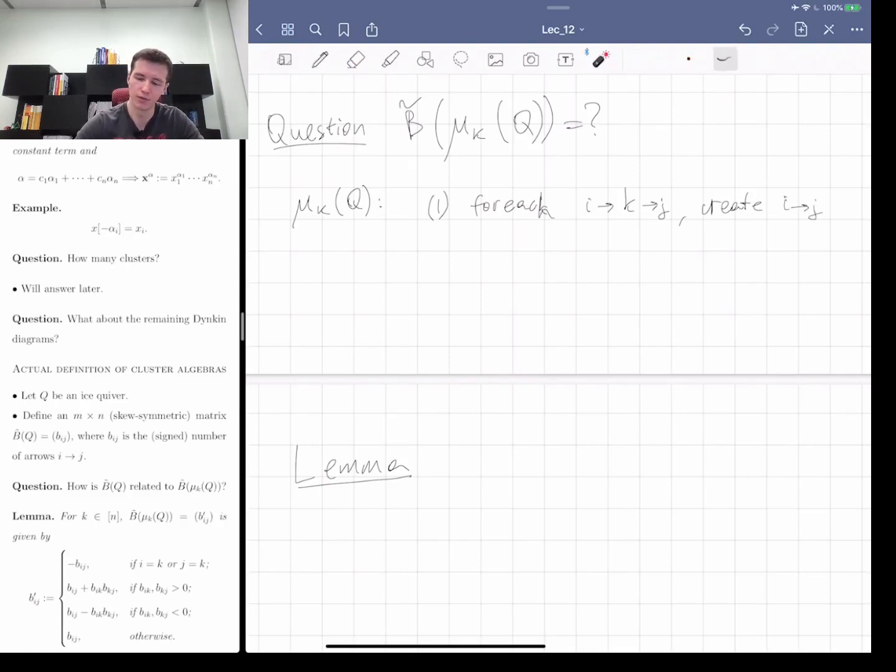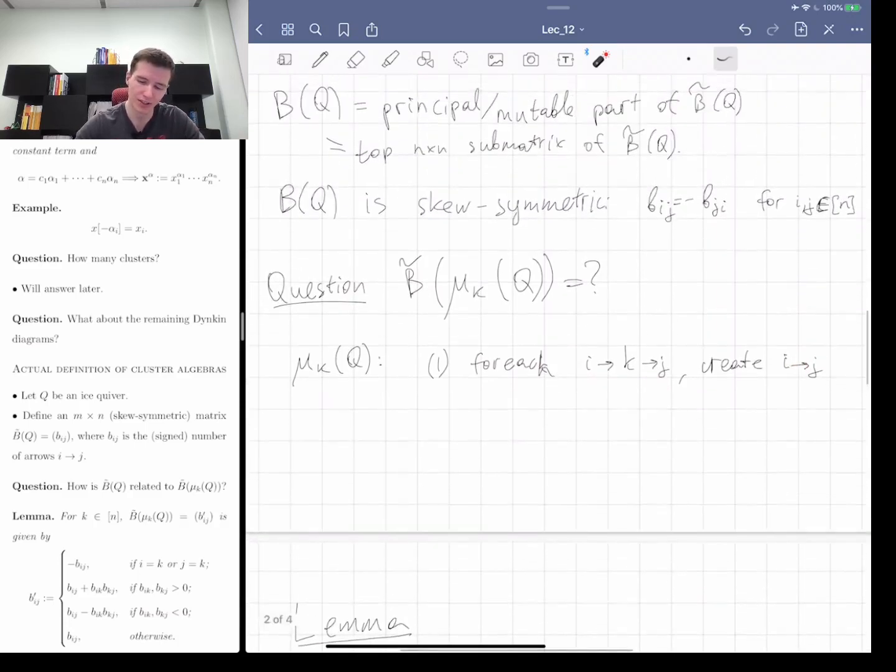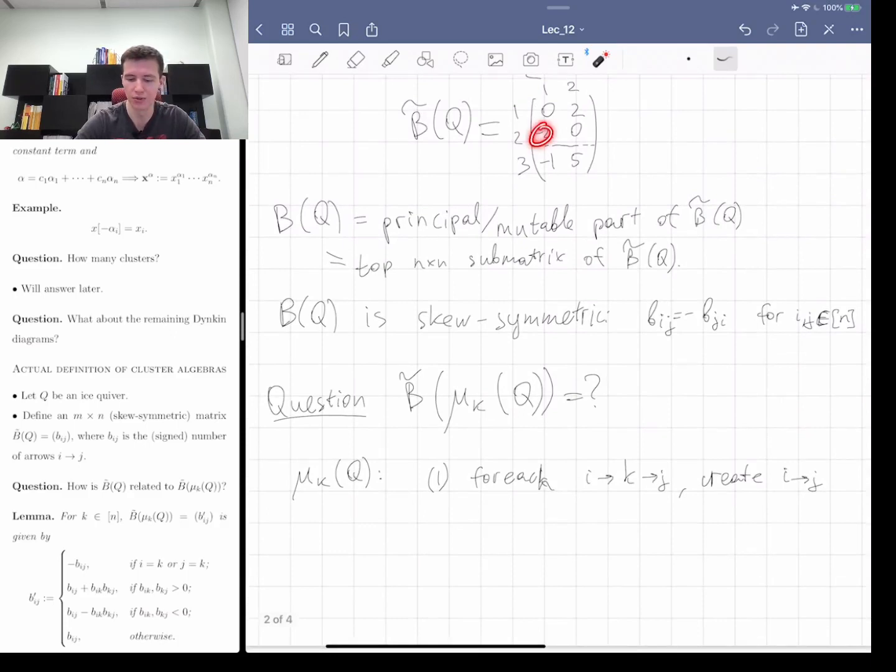So if you have 5 arrows from i to k and 7 arrows from k to j, then you're going to have to create 35 arrows from i to j. And it's easy to see that corresponds to just multiplying 2 entries of your B matrix.